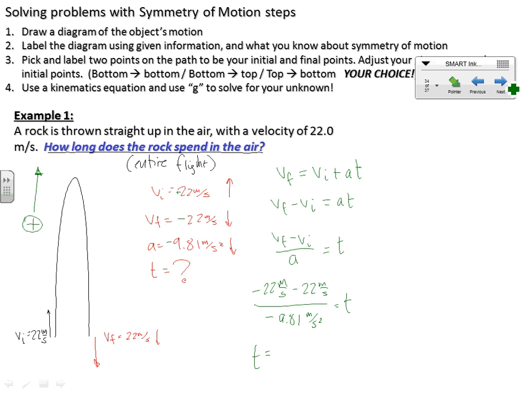So that's about, I believe, 4.5 seconds in the air.